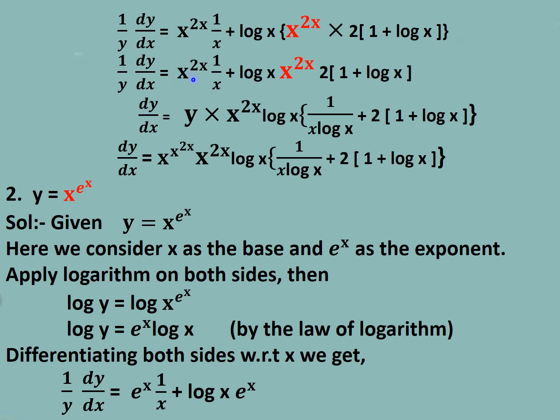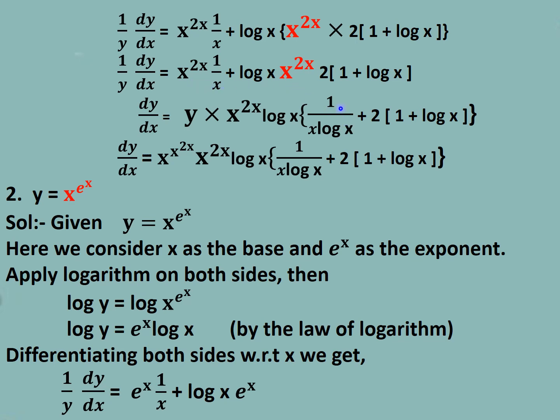Now x raised to 2x is common, and open this bracket. There is no need of bracket because these three terms are in multiplication form. So log x into x raised to 2x into 2 into 1 plus log x. Now we can take this x raised to 2x commonly outside, and log x is also taken out. Then in the first term there is no log x.